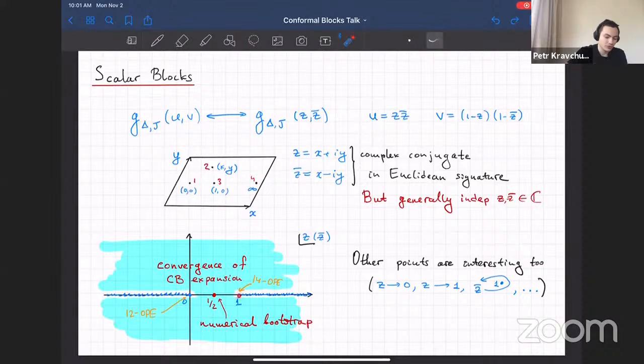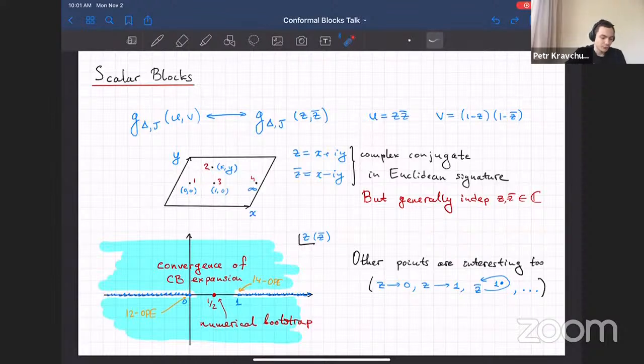When z and z bar both approach 1, that's the OPE limit for 2 going to 3, or equivalently 1 going to 4. Similarly, you can also take them to infinity, and then it's 2 approaching 4. And the picture is the same in z and z bar. So we are mostly interested in this function for z and z bar on the first sheet of the complex plane, without going under the cuts.